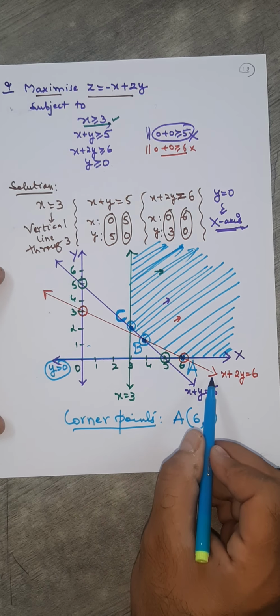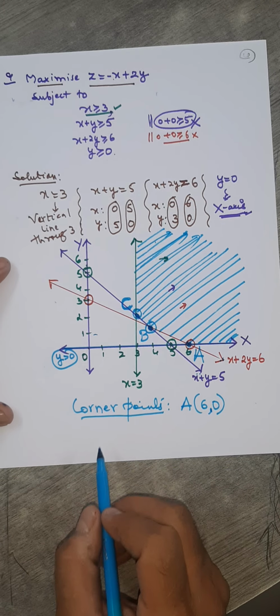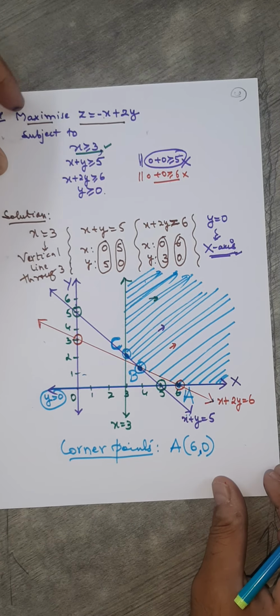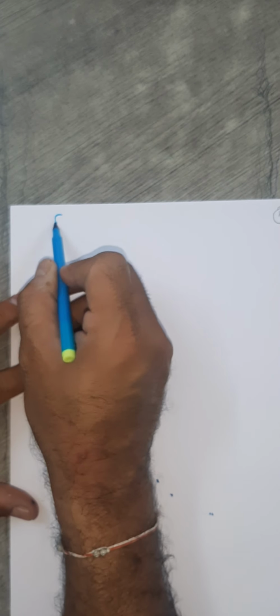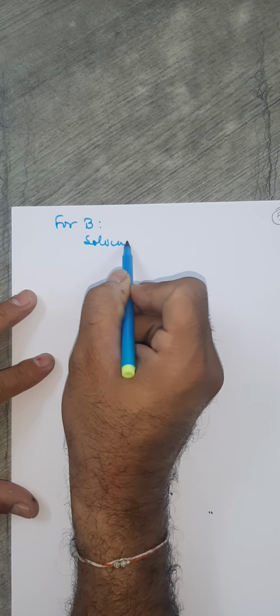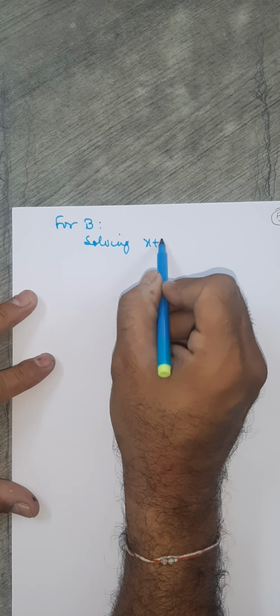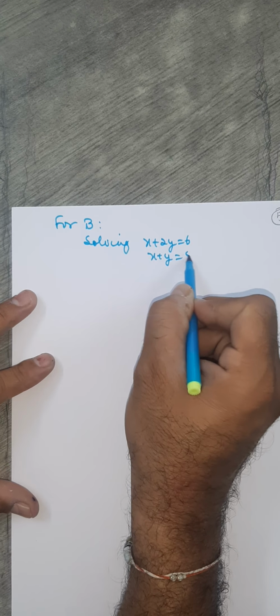B, how do we get B? It is the intersection of these two, you can see. So for B, I'll write on the next slide. For B, solving x plus 2y equals 6 and x plus y equals 5.